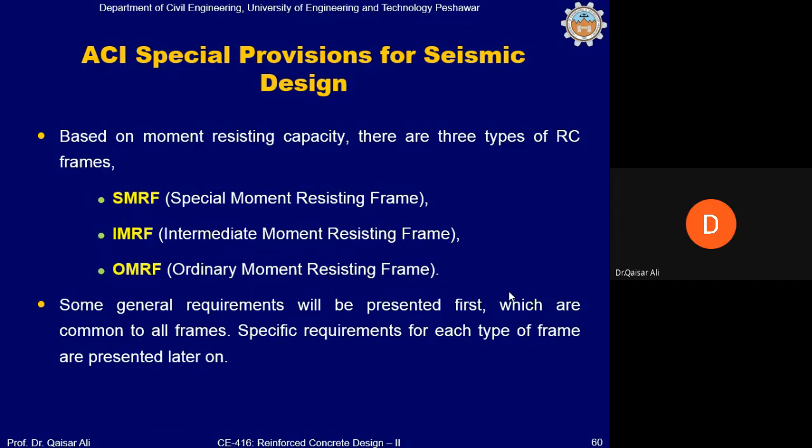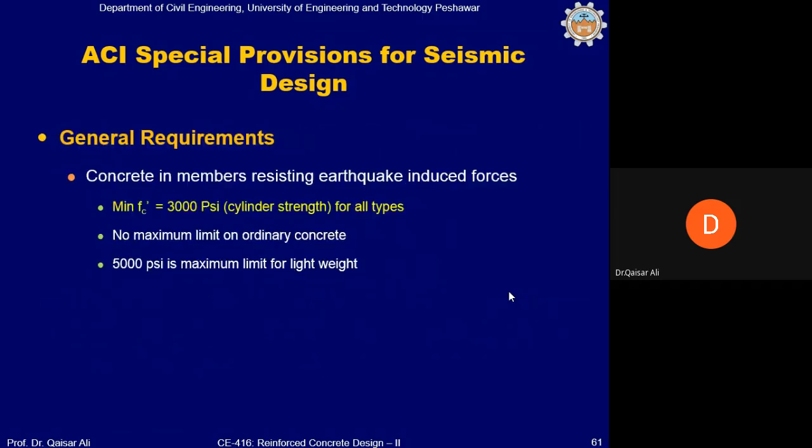Okay, if you remember last time we calculated the base shear, and in the equation of base shear there was a factor called capital R. That factor was dependent on the anticipated seismic behavior of the structure.